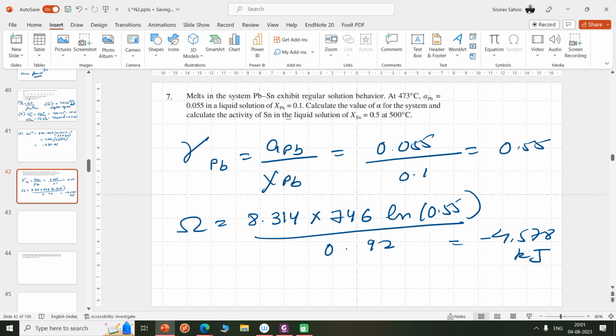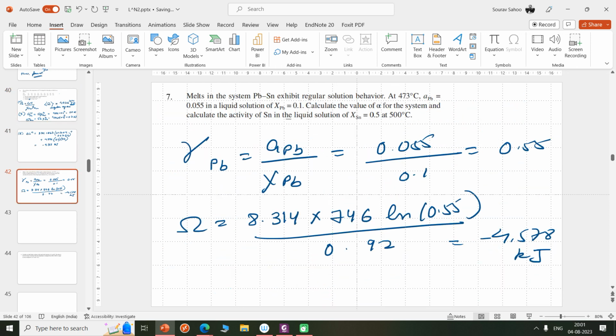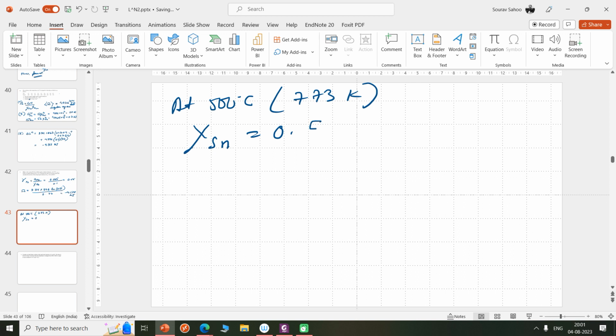So this is what we calculate, the omega value, and then at 500 degrees centigrade, which is equal to 773 Kelvin, my chi Sn is equal to 0.5. It's given in the question.